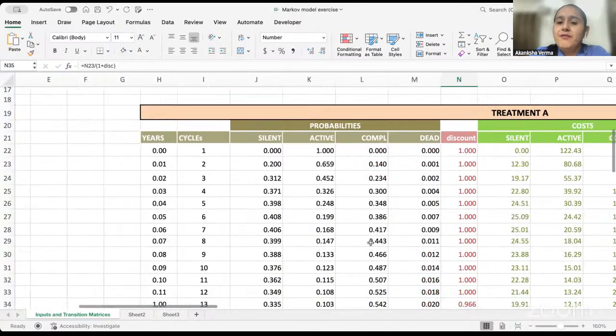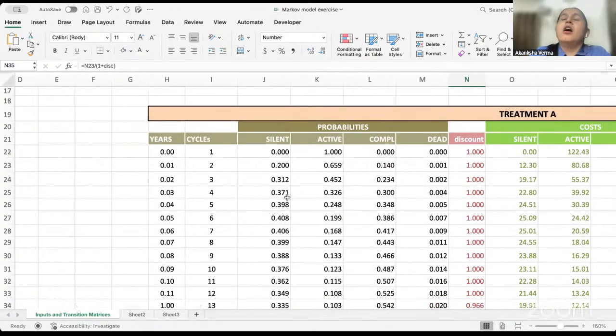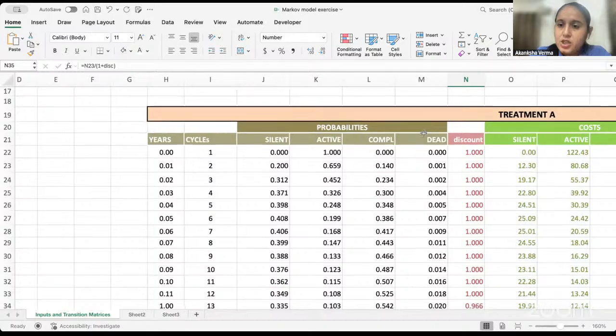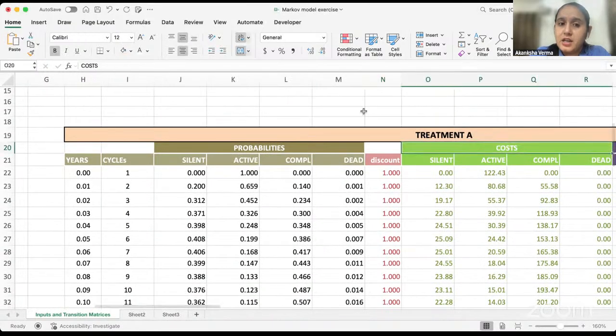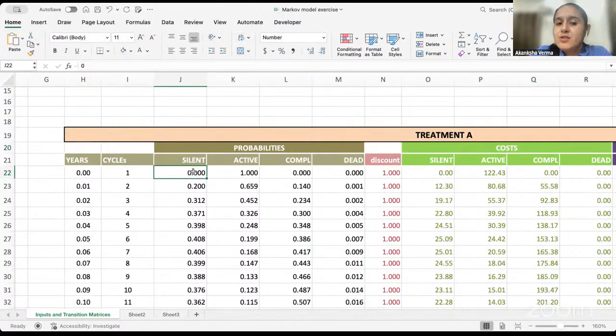Now, once you are done with the number of patients within each health state, you will do the costing. What you need for the cost effectiveness ratio is the total cost and the total qualities, right? Now we are going to do the total costing. How will we do that? In the first year there is no patient in the silent health state, so the cost would be 0, and all the patients are in the active health state.